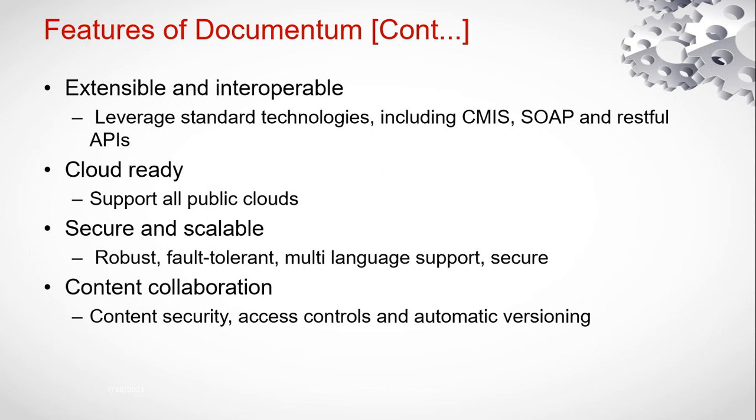Documentum leverages these standards, and it provides the flexibility to integrate and extend the functionality of Documentum beyond the Documentum platform. If you have other third-party applications like SAP, Oracle ERP, Oracle Financial application, or Pega, whatever other applications you have, you can integrate them with the Documentum platform. That is possible.